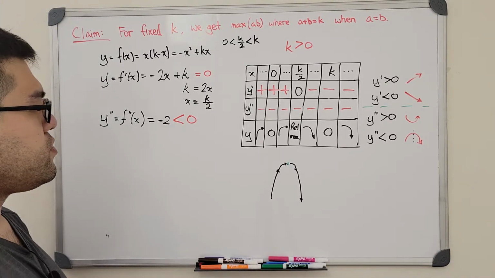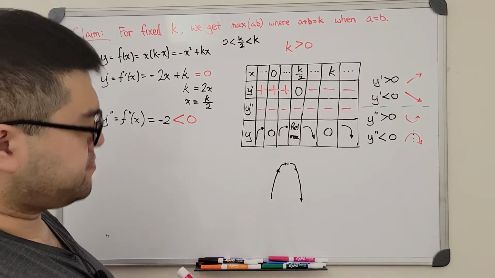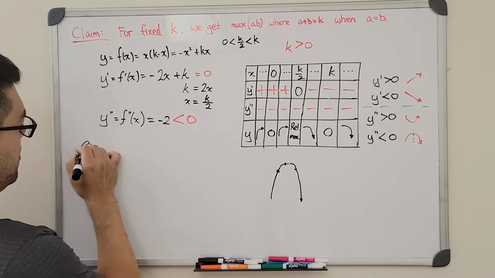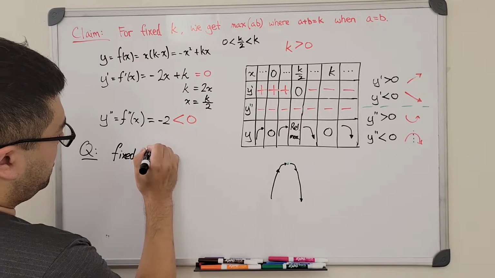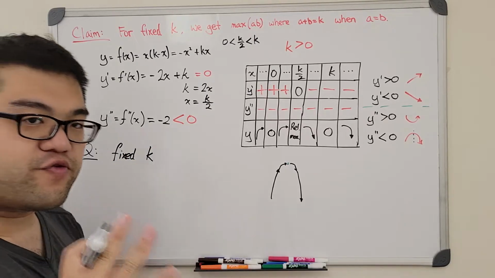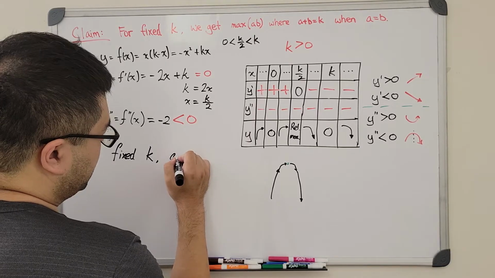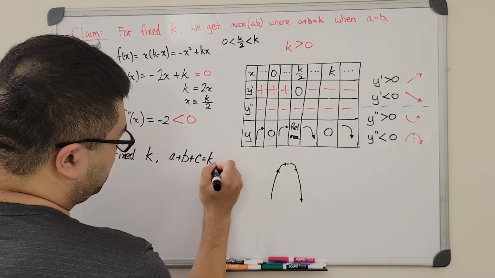Now, one more problem that I'll set up for you guys. Suppose that we still have a fixed k value, but this time we have three different numbers, A, B, and C, such that the sum of these three is equal to k.